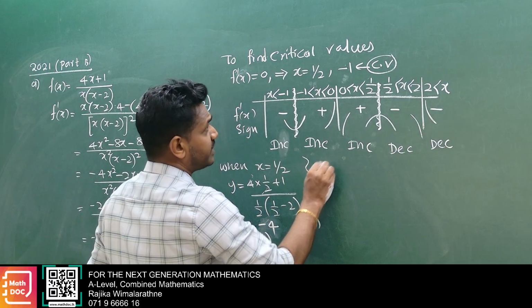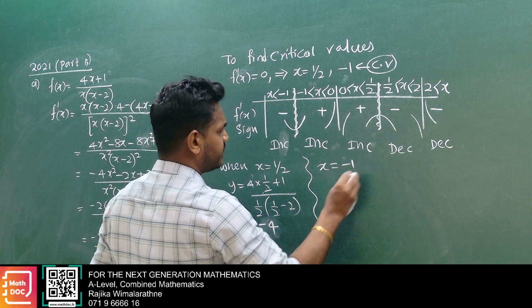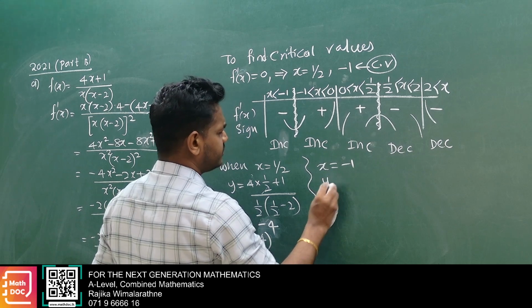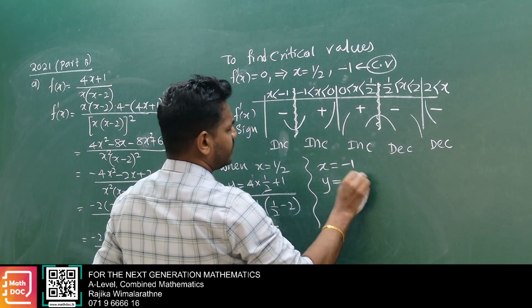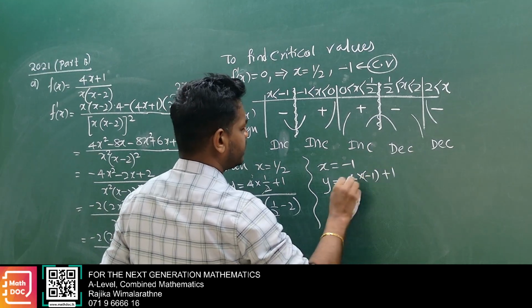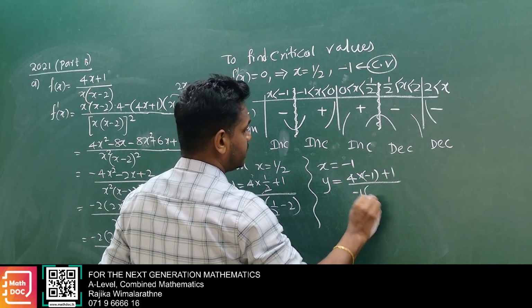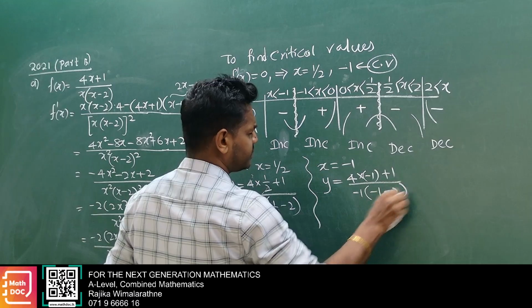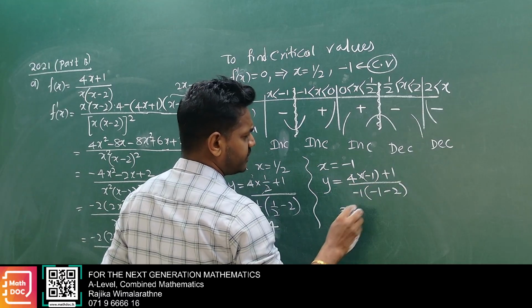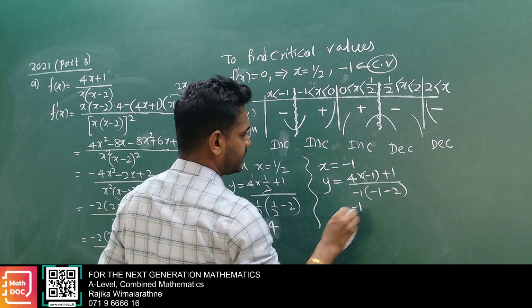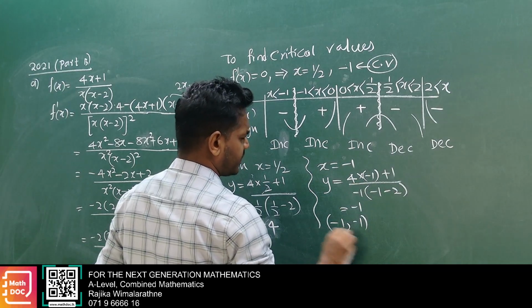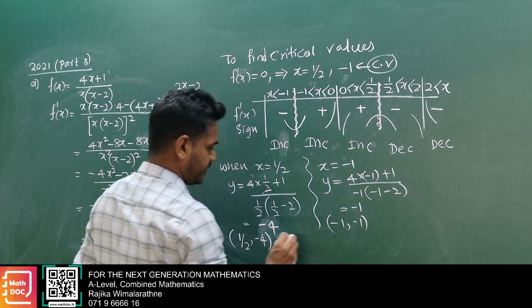Then similarly, x equals minus 1, find the corresponding y value. Put it here: 4 times minus 1 plus 1 is minus 3, over minus 1 times minus 3. Simplify: minus 3 over 3, giving minus 1.